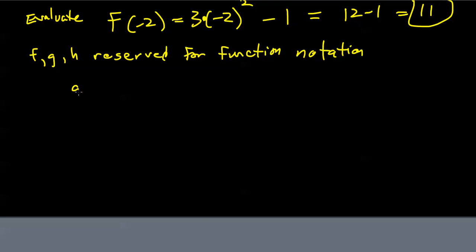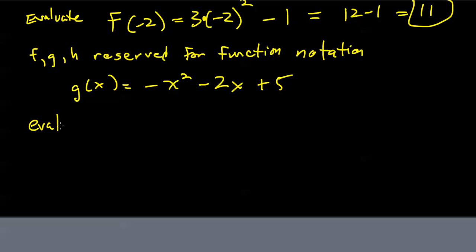Alright, so let me define another function. G of x equals minus x squared minus 2x plus 5. This is a polynomial function of degree 2, really a trinomial function of degree 2.